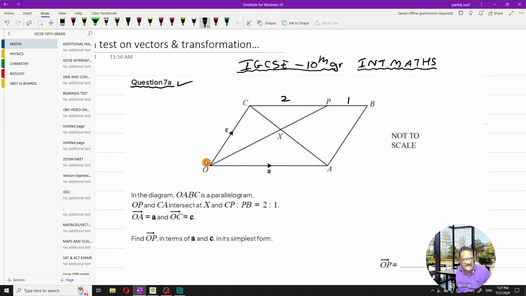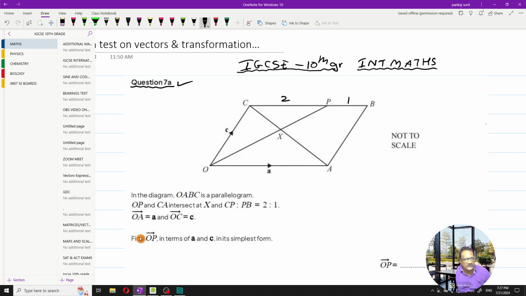OA is A, OC is C. So the small letters A and C are the position vectors of point A and point C respectively. Now further he says that find OP in terms of A and C in its simplest form.